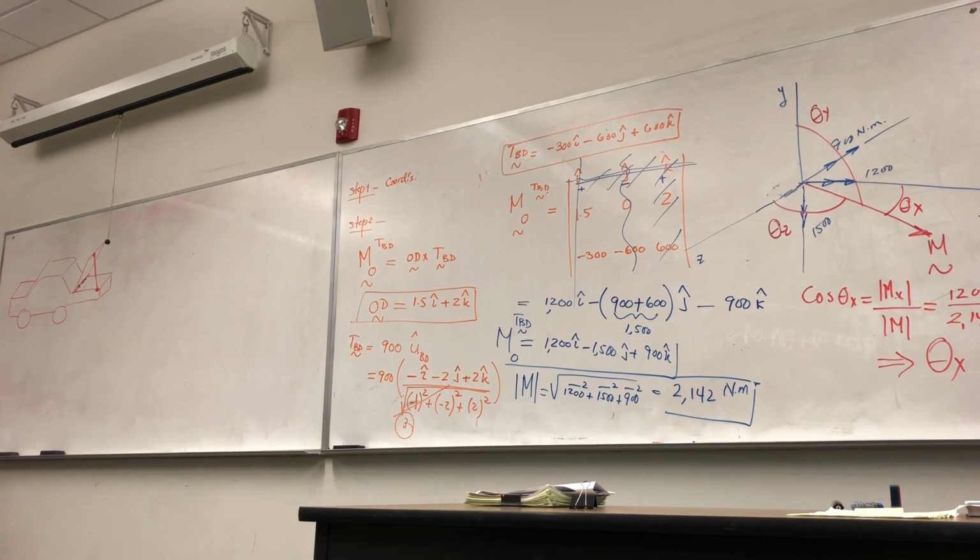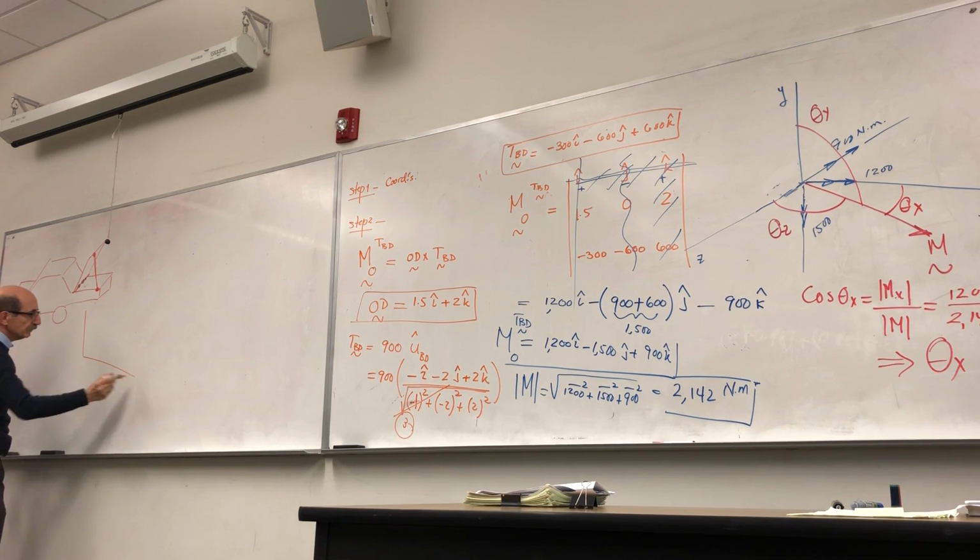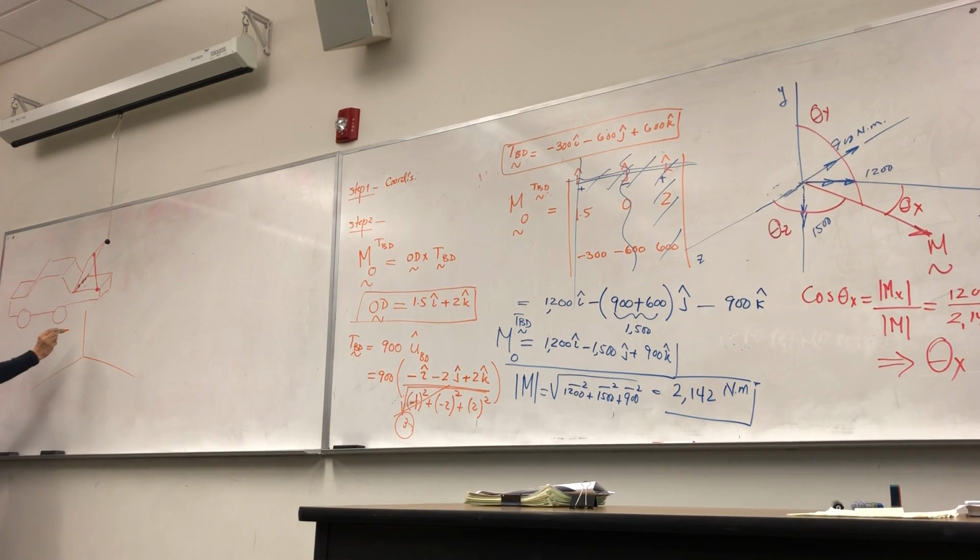So you need to know what is the rotational action of this force about this axis. That's the meaning of moment about an axis, or that's the application of moment about an axis, okay? So this is physically what it means. So mathematically, what you're trying to find is what?